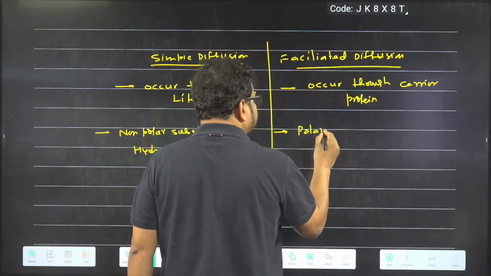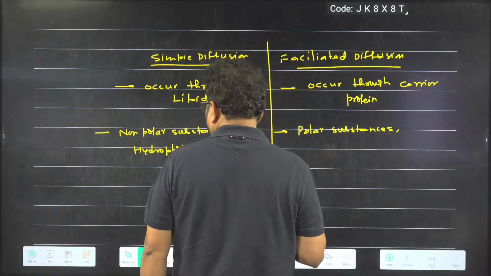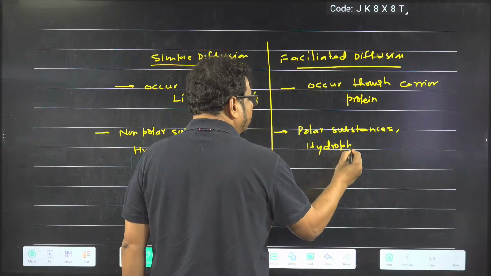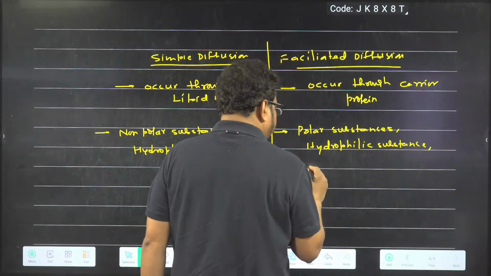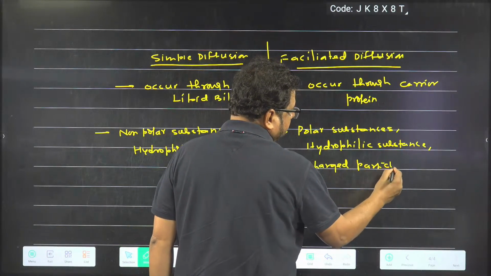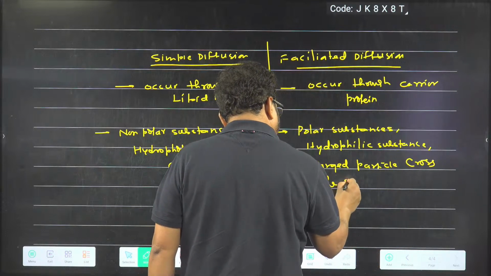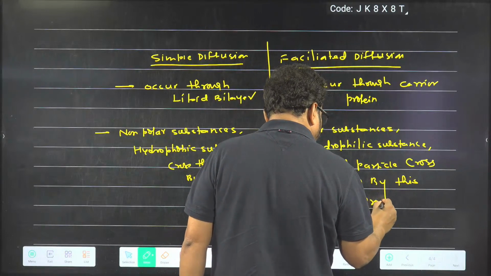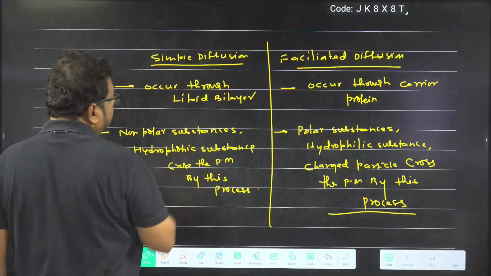Polar substances. Got the idea? Hydrophilic substances. Charged particles cross the plasma membrane by this process. This process means which one? Facilitated diffusion. So you got the difference between simple diffusion and facilitated diffusion.